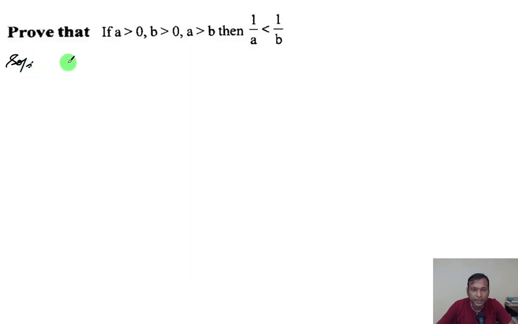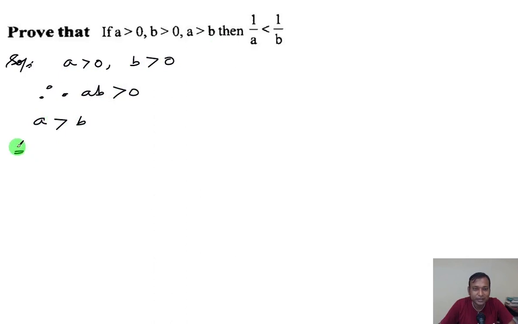Solution. Here a is greater than 0, b is greater than 0. Therefore, ab is greater than 0, because a is positive and b is positive, and the product of two positive numbers is also positive. Also it is given that a is greater than b.